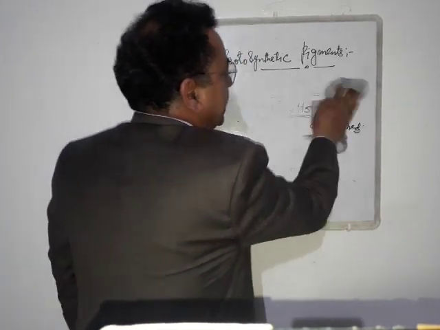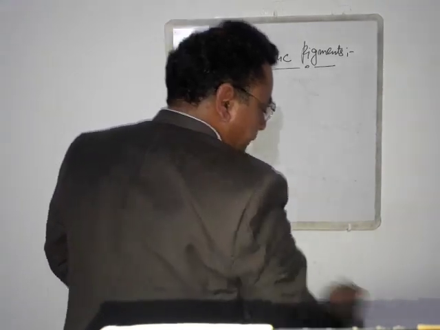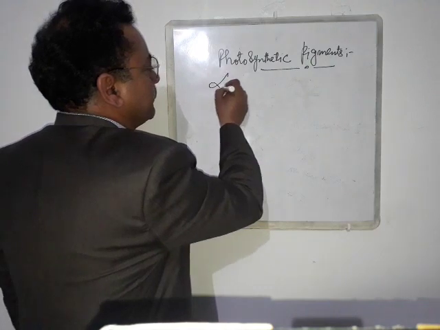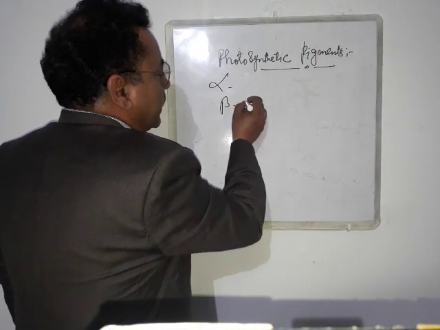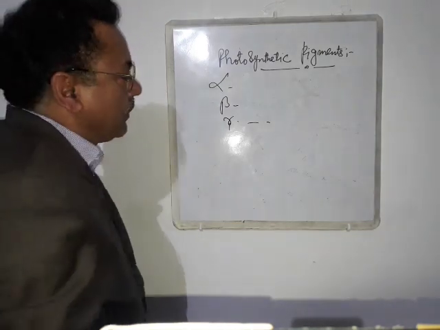Now if you see the examples, we have carotenes like alpha carotene, beta carotene, gamma carotene, different types of carotenes.